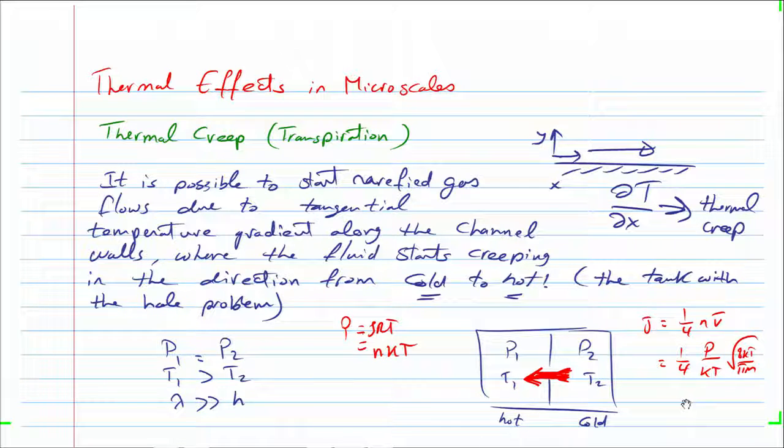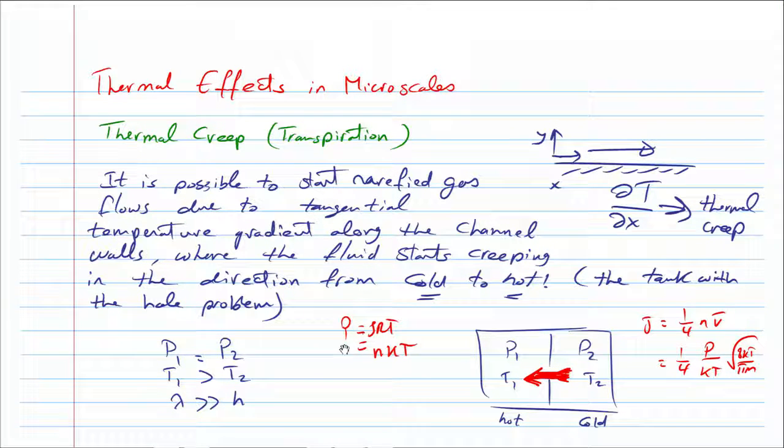But one of the main results, which we saw before, is that the flux of molecules in one direction, if they are randomly distributed and moving with the mean speed square root of 8kT over pi m, where T is the temperature, is 1/4 N V, where N is the number density. N is like the density, but without the kilogram per meter cubed. So N is molecules per meter cubed.